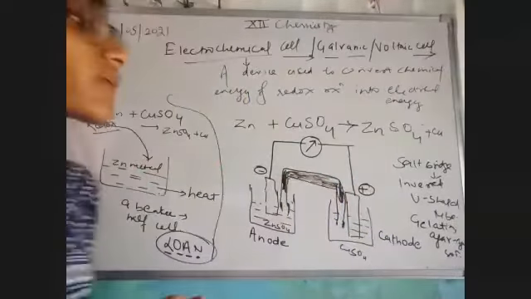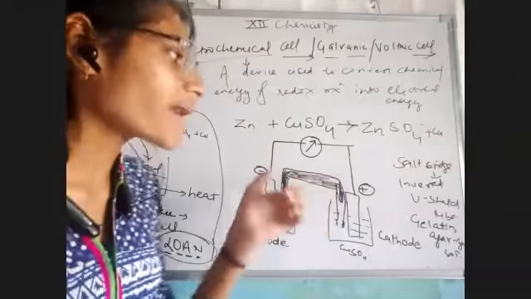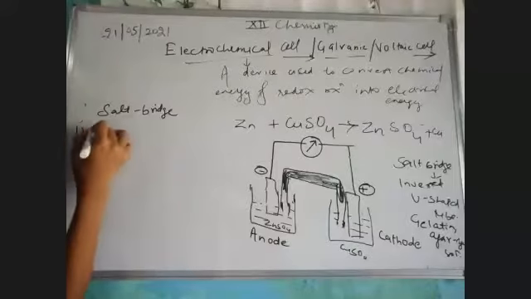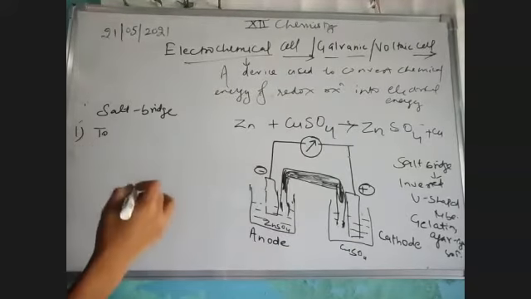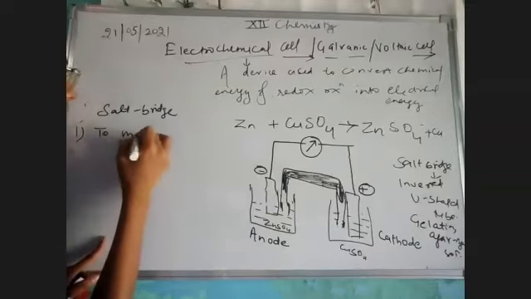Now, what is the function of this salt bridge? Why have we placed this salt bridge? The first point is to maintain electrical neutrality.